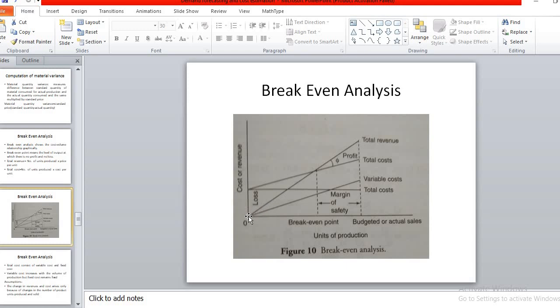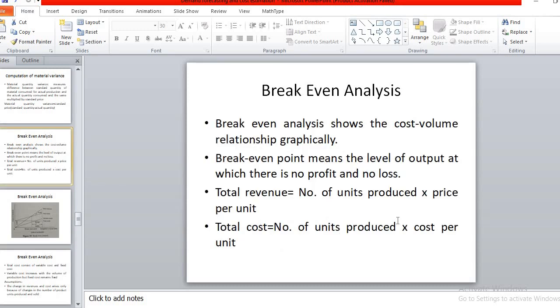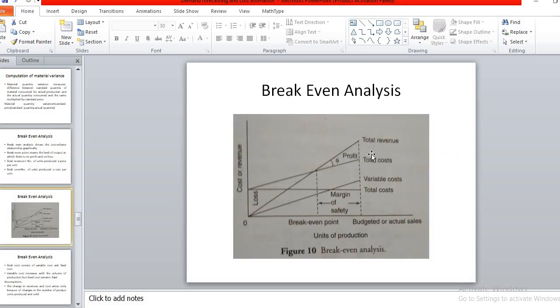Another line we can plot is the total revenue, which is the number of units produced into the price. Total cost is the number of units produced into the cost per unit.